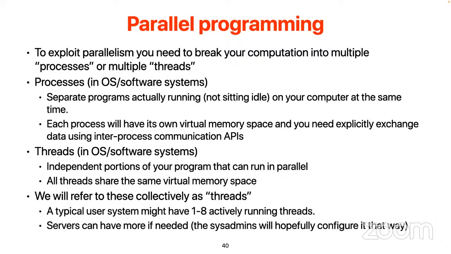For process abstraction, the operating system will have a separate virtual memory space for each one. Because of the separation of virtual memory space, processes are not allowed to talk with each other through the virtual memory abstraction.